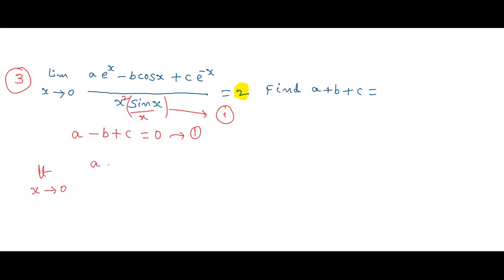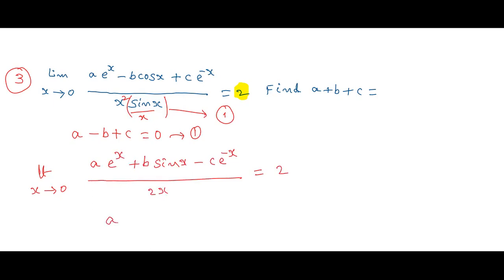A into e power x, the derivative of e power x cos x is minus sin x, e power minus x derivative gives minus c into e power minus x. In the denominator only x square is there. Applying the differentiation, we get 2x. That is equal to 2. Then apply the limit. The answer is a finite value.